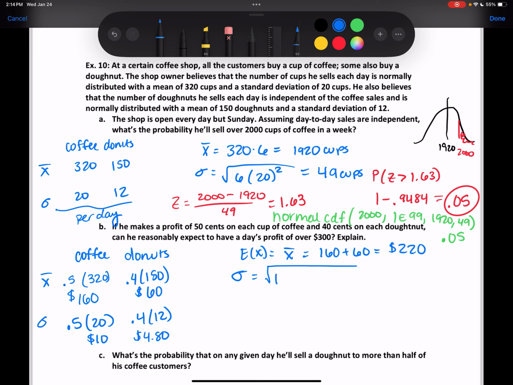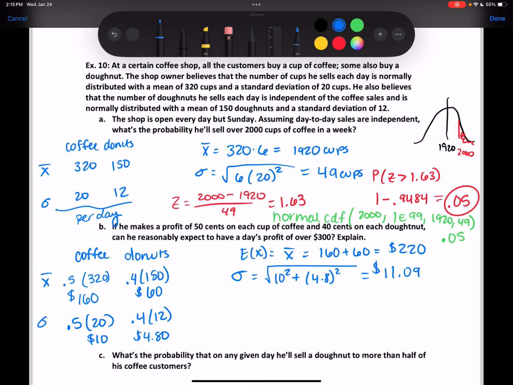Square root of 10 squared plus 4.8 squared, which is 11 point, 09.